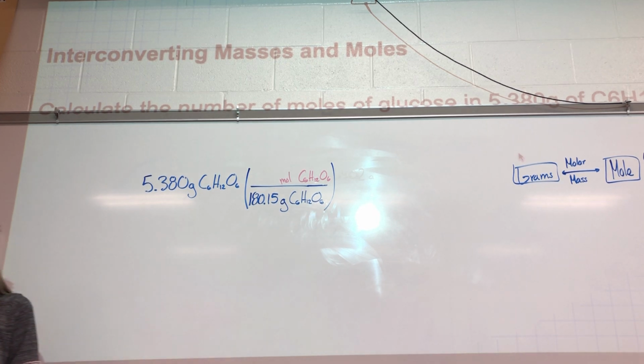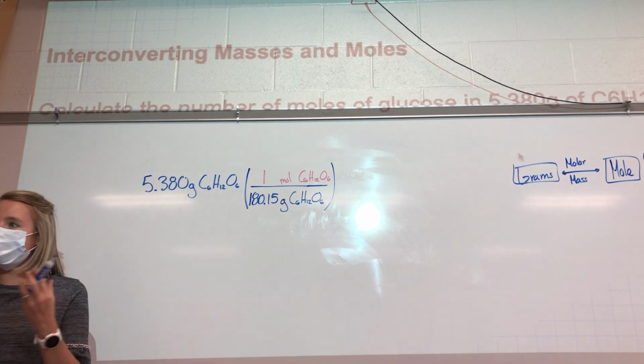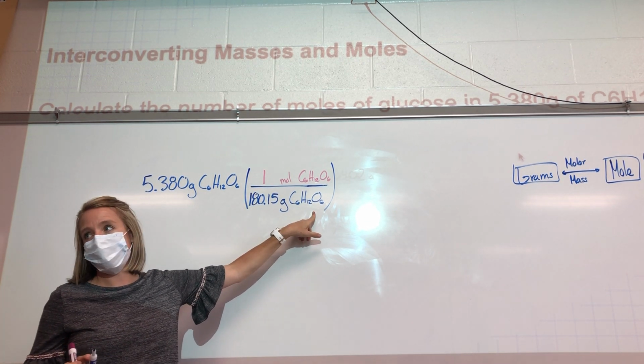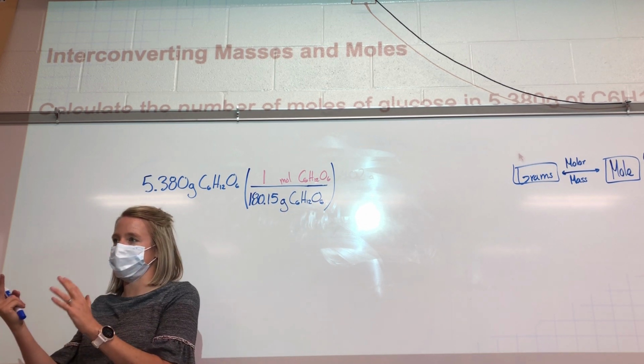Now, why did I put that number on the bottom of my fraction and not the top? Kimberly? So you can cancel out the units, and we can end up with moles. Yeah, because that's what makes it a true conversion, right? 1 mole is that many grams, right? You should be able to turn your conversions into a sentence.